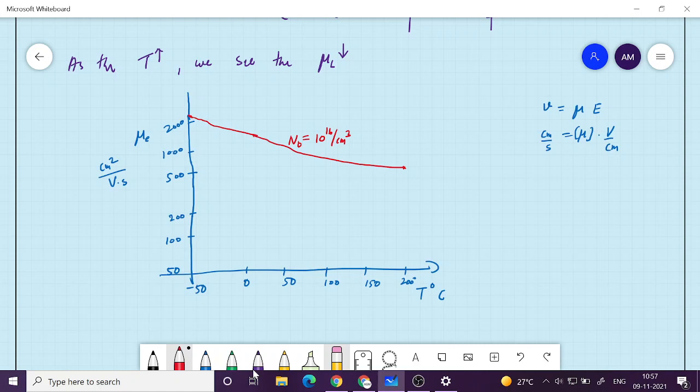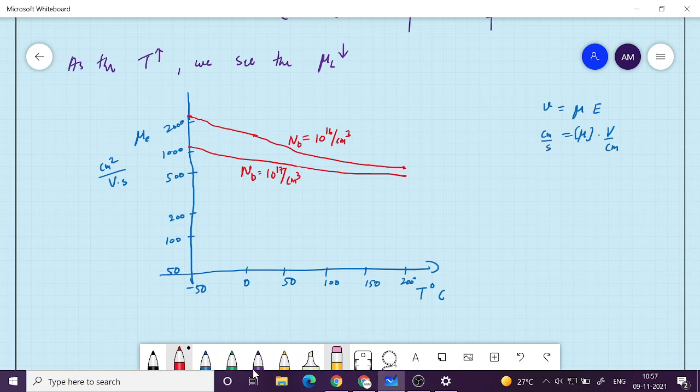So you will get another curve for the variation with respect to temperature in Celsius, but that curve will look something like this. It is here and here. And this you should be able to explain why this corresponds to an Nd equal to 10 raised to 17 per centimeter cube. This is another typical doping that we give.